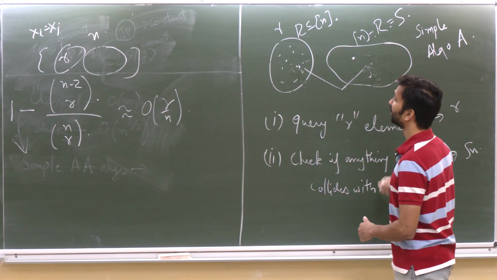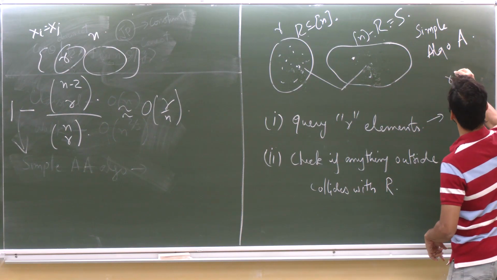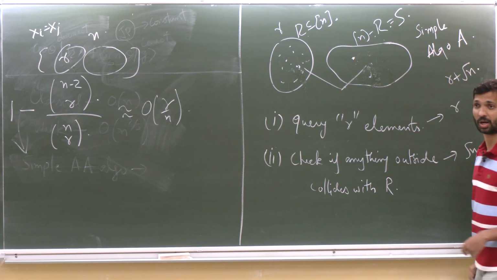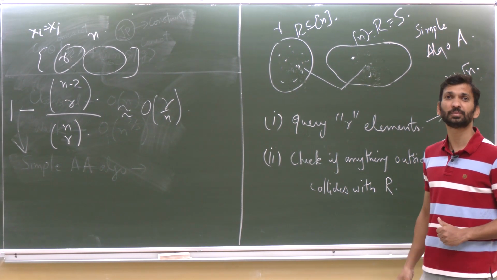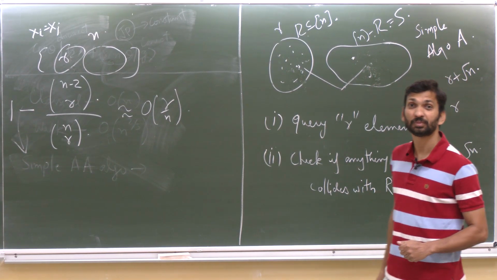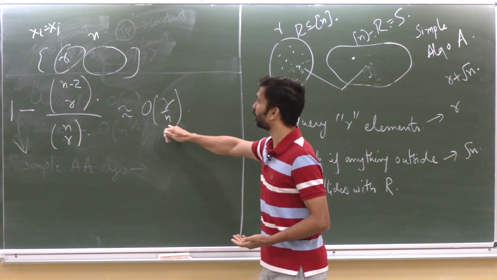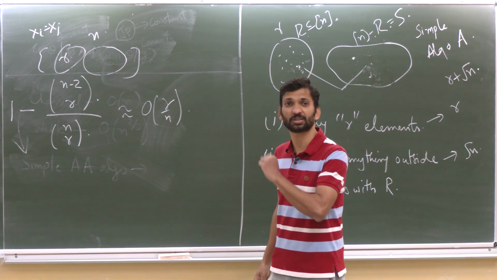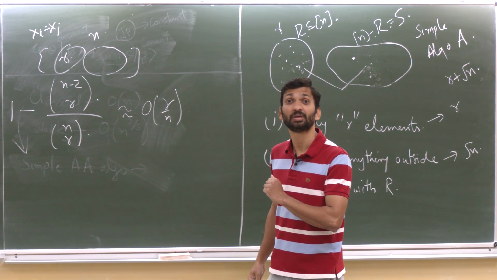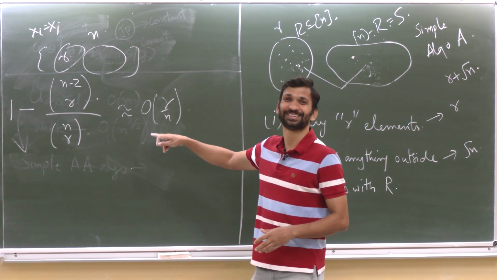So then, what was the complexity of this algorithm? R plus root n. Correct? How many times do I have to repeat this algorithm? If my success probability is this, how many times do I need to repeat this algorithm? 1 by root r by n.